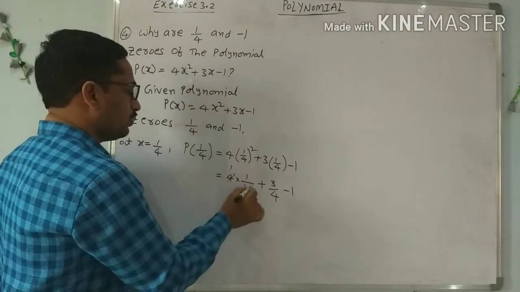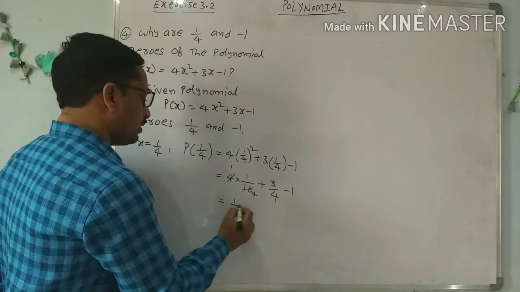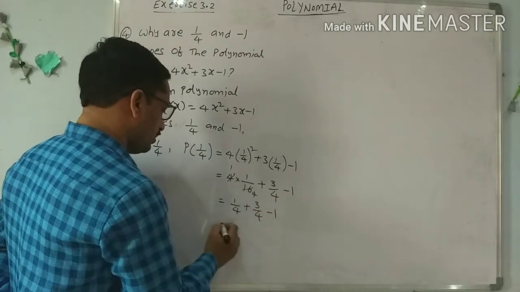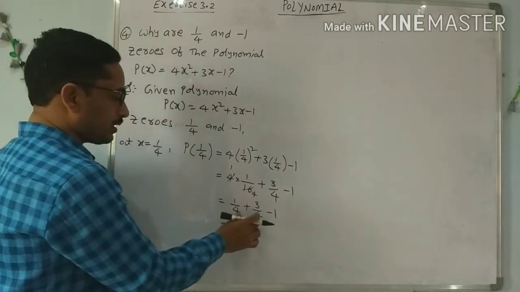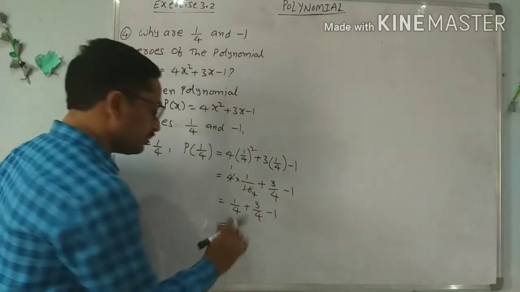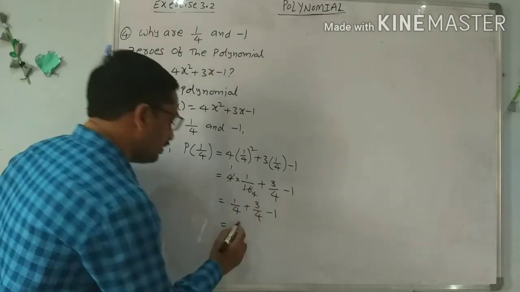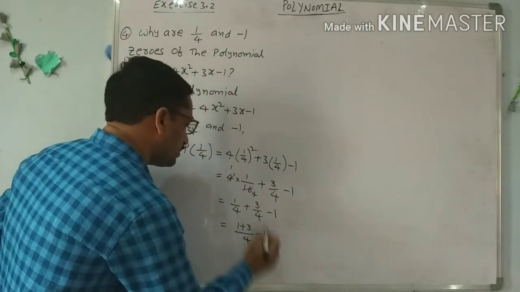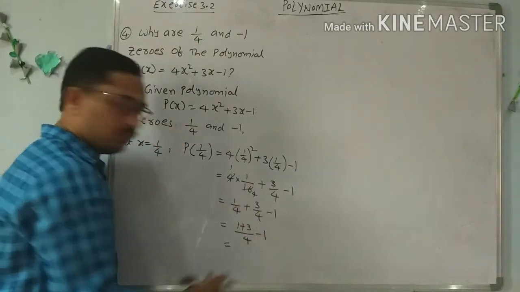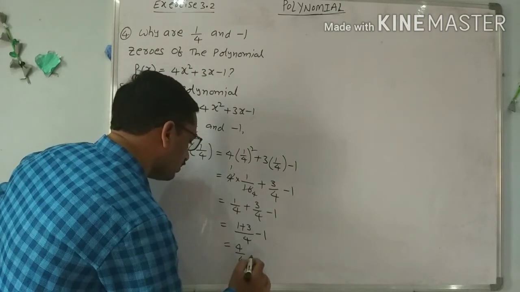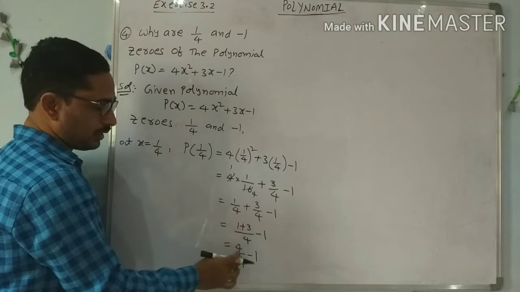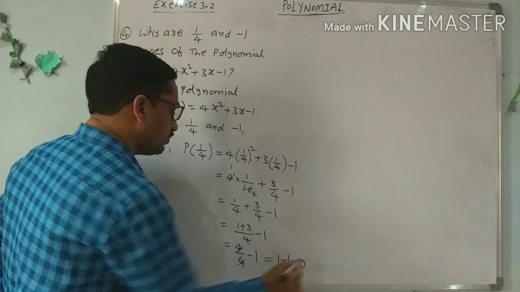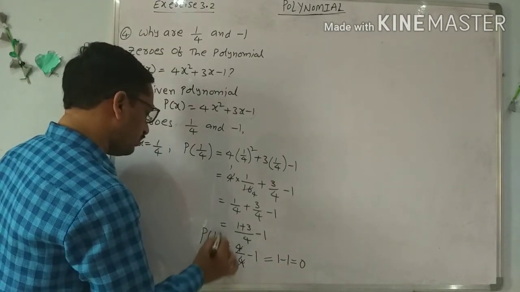Now 4 ones are 4, 4s cancel. It is 1 by 4 plus 3 by 4 minus 1. Observe the first two terms, denominators are same, so we have to add the numerators, means 1 plus 3 by 4, the common denominator, minus 1. 1 plus 3 value 4, 4 by 4 minus 1. 4 cancel, it is equal to 1 minus 1, 1 minus 1 equal to 0, means p of 1 by 4 value equal to 0.